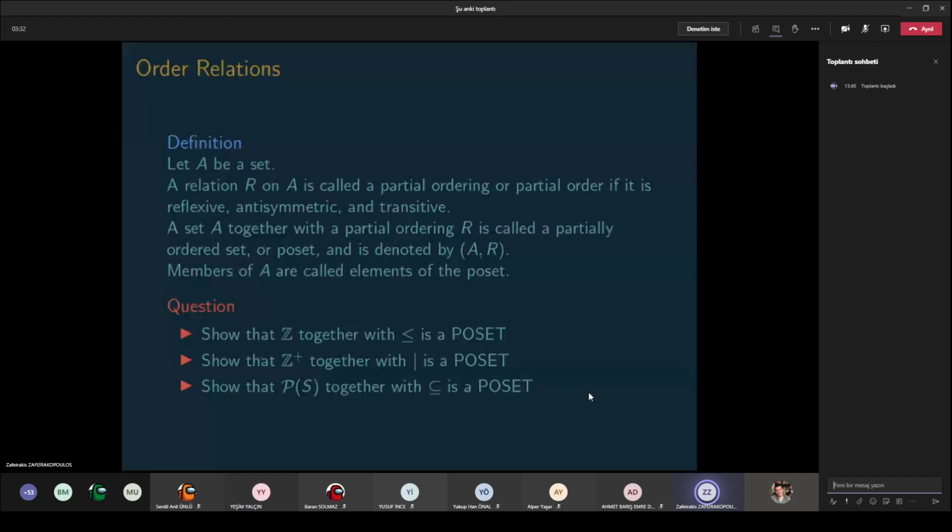So if we take an element, does it divide itself? Yes, it's reflexive. Is it antisymmetric? Yes. Why?